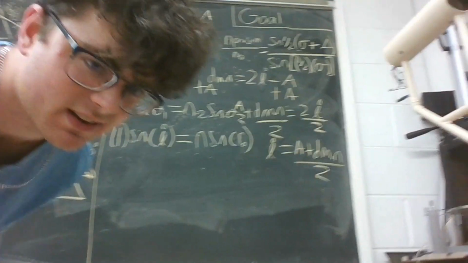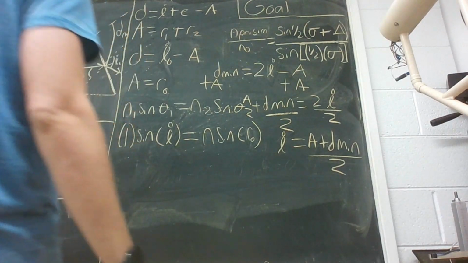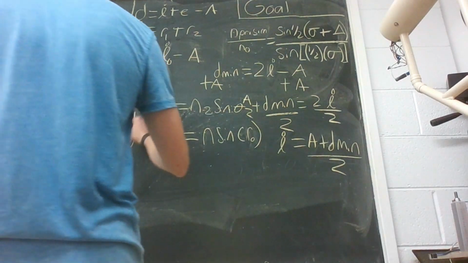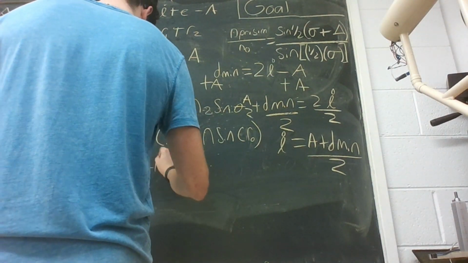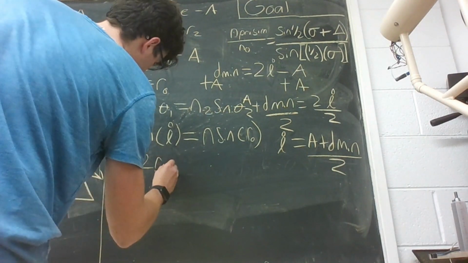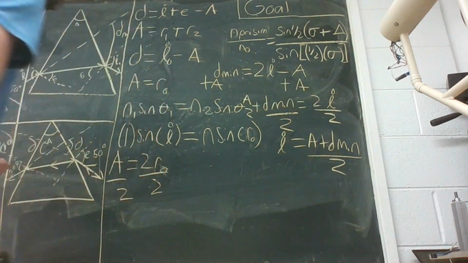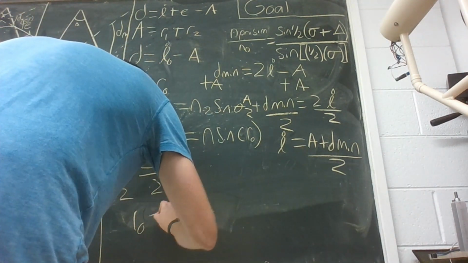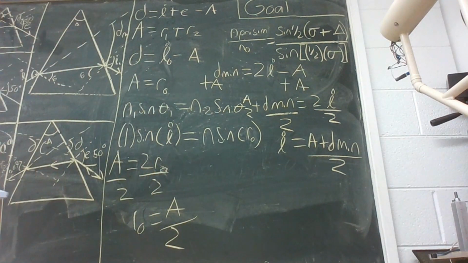I hope you can see that, A plus D min over 2. And then after that, we're going to solve for A itself. So A is equal to 2 R naught. But we have to find what R naught is equal to. So we divide by 2, and R naught is equal to A over 2.